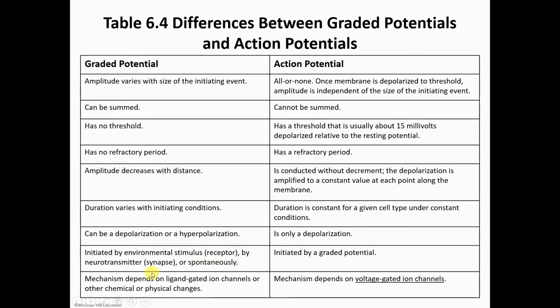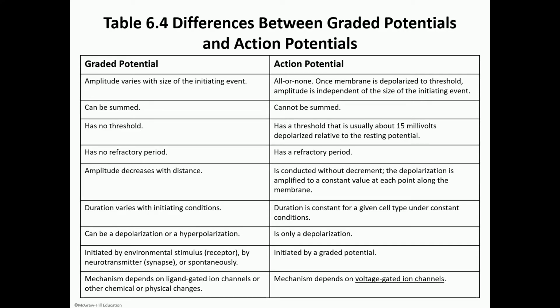The mechanism would depend on the opening of the ligand-gated ion channels. And these ligand-gated could either open up through chemicals or changes in mechanics. So they're ligand-gated and mechanically gated ion channels.